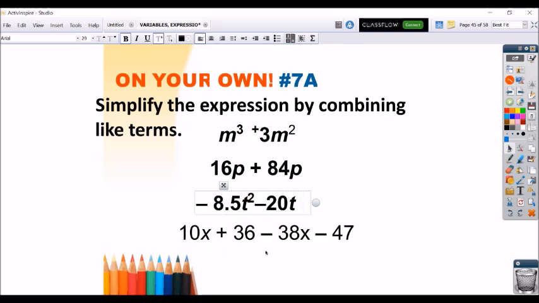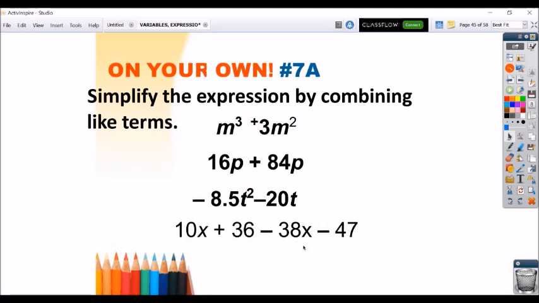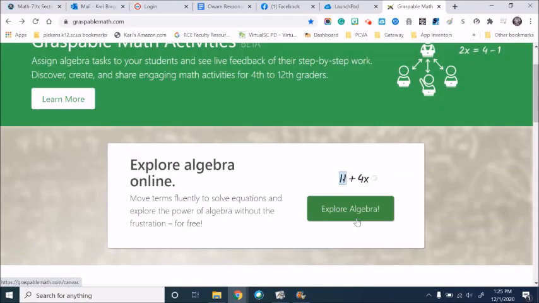This one right here, I'm going to show you guys an awesome little online tool that you could use for doing this question. So one really cool website that will help you with combining like terms and solving equations is graspableMath.com. Notice I said help. I don't want you to use this to do all of the work.